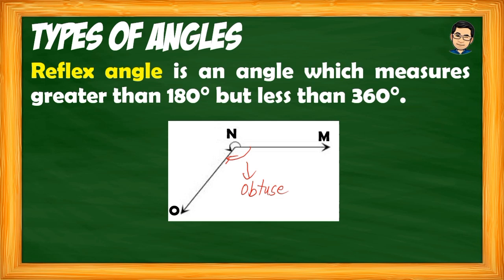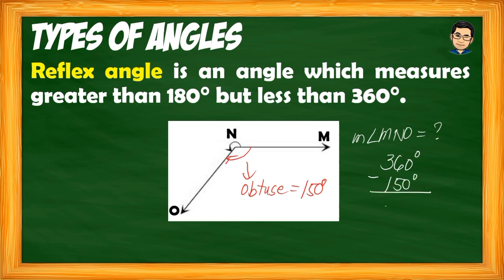Okay? Halimbawa, itong obtuse angle na to, ang sukat niya is 150 degrees. So, ano ang sukat ng reflex angle na MNO? Simple lang. 360 degrees minus 150 degrees.